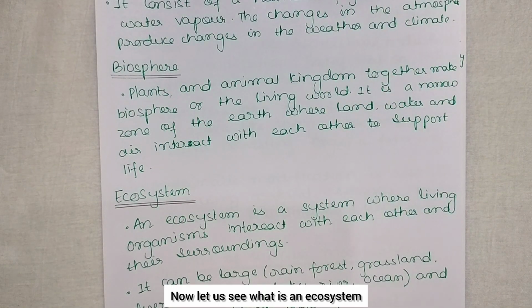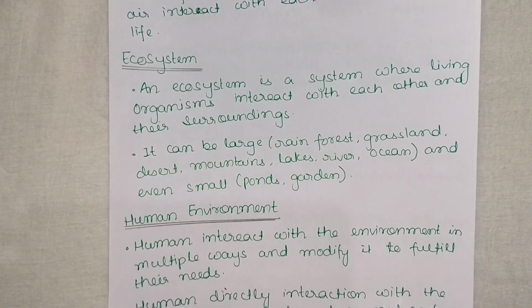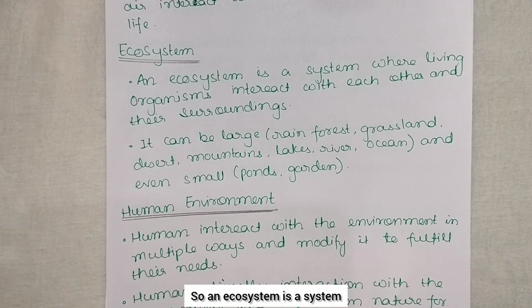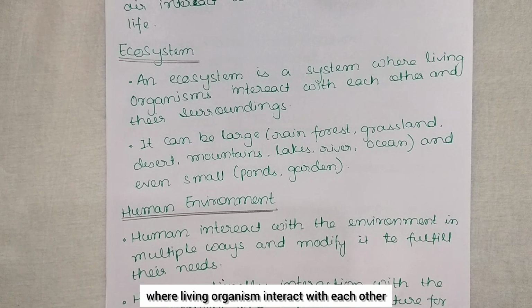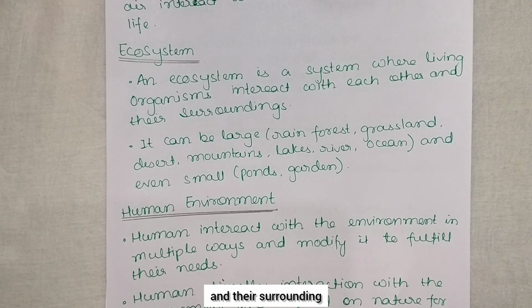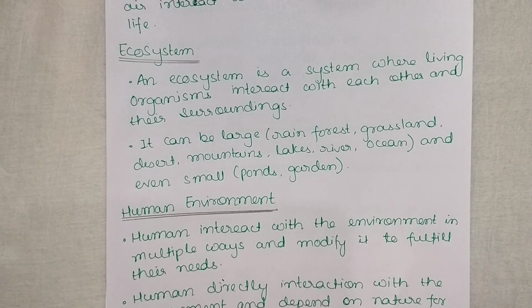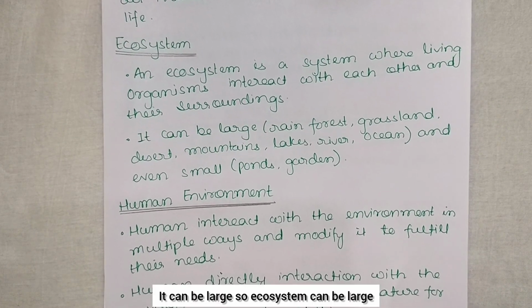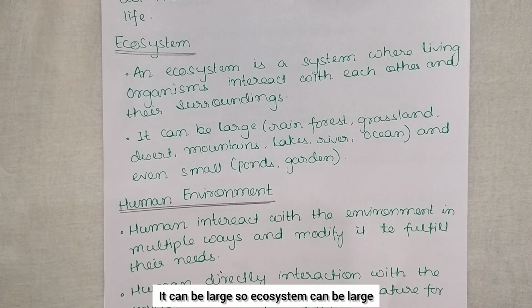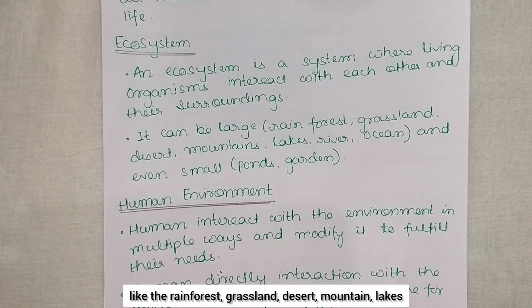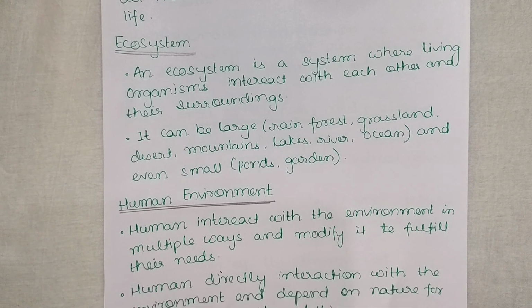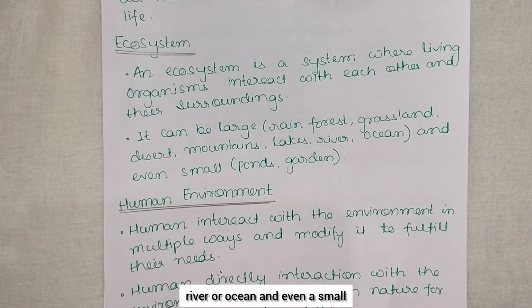Now let us see what an ecosystem is. An ecosystem is a system where living organisms interact with each other and their surroundings. It can be large, like a rainforest, grassland, desert, mountain, lake, river or ocean, and even small, like a pond or garden.